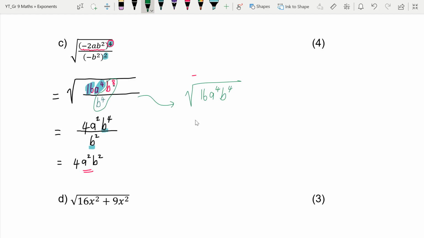Perfectly fine. Then we're going to get 4a squared, b squared, and note that it is exactly the same answer. So all good. Your working out doesn't have to be a duplicate of somebody else's work necessarily, just as long as you do the mathematics correctly. Okay, last one.